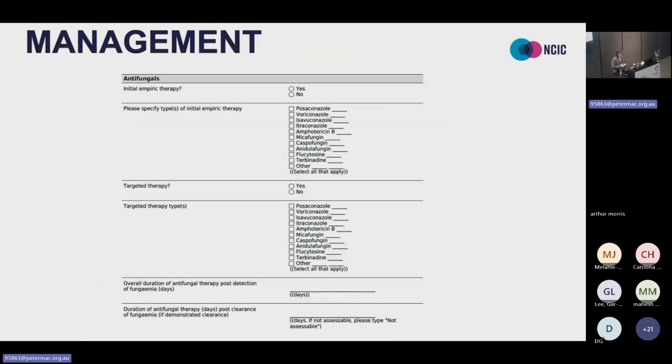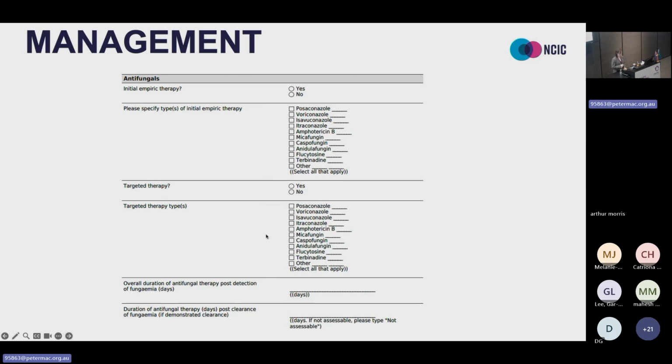Onto management. So whether there was initial empiric therapy, meaning that at the time you've got a yeast in blood culture and you don't know the exact organism or its susceptibility, so you commence an empiric therapy, typically an echinocandin for Candida, of course, but there might be others like amphotericin, and then targeted therapy you can enter. And of course, if it's the same thing, then you just enter the same thing.